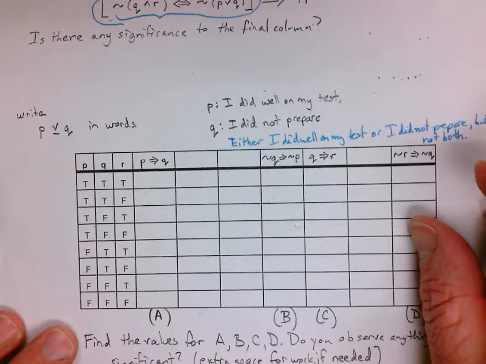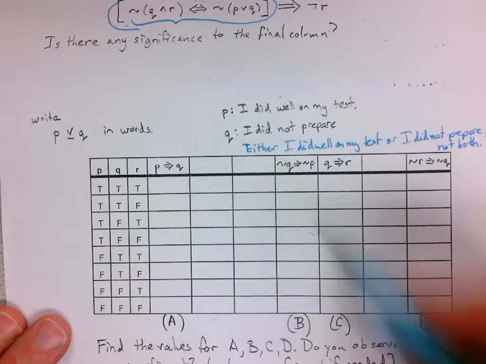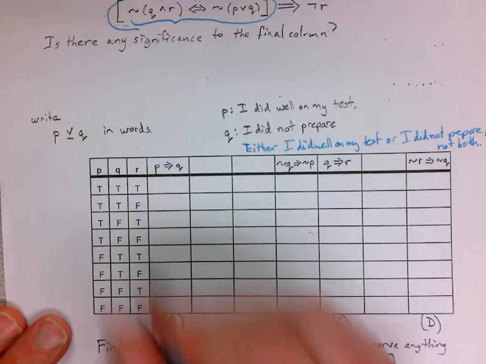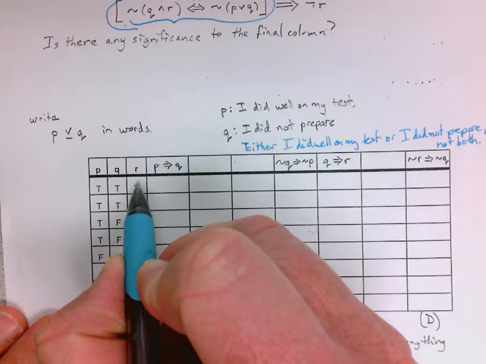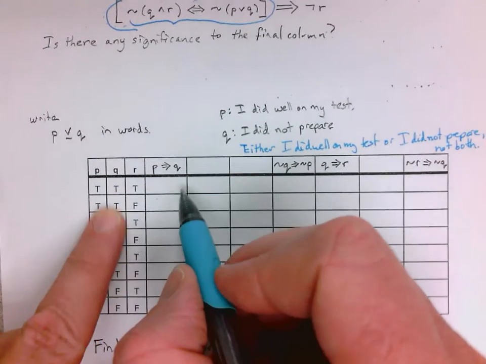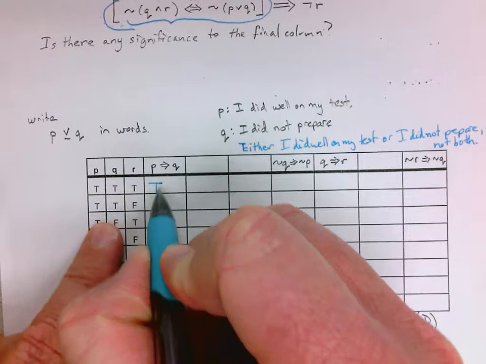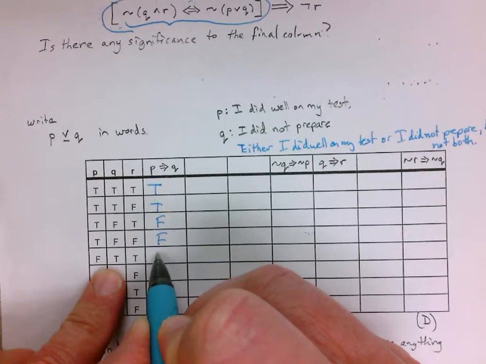Okay. So they're having us compare some different things, and I'll talk about it if you notice what these are. So P implies Q. Again, looking at just the first two columns here for P and Q. True unless it's true followed by false. So in this case, you're just going to have a bunch of trues there.